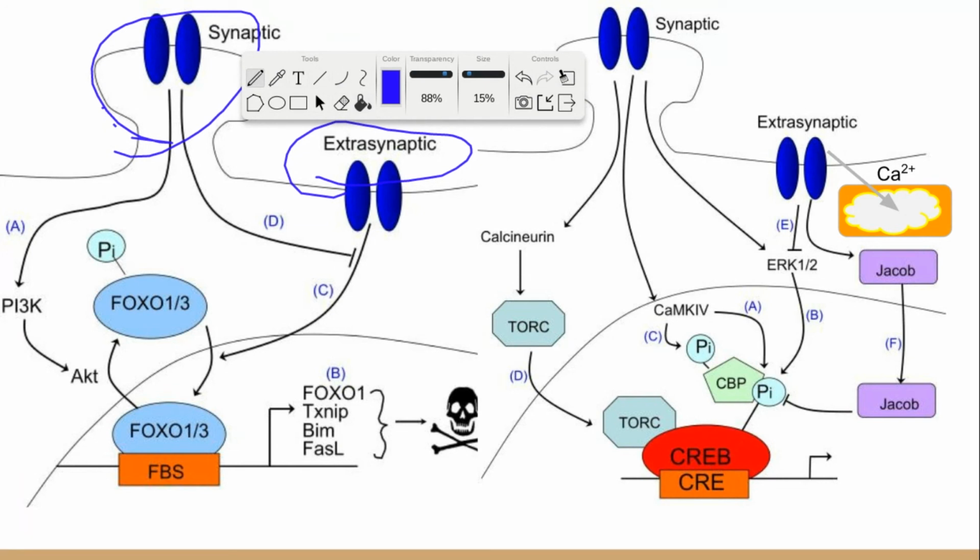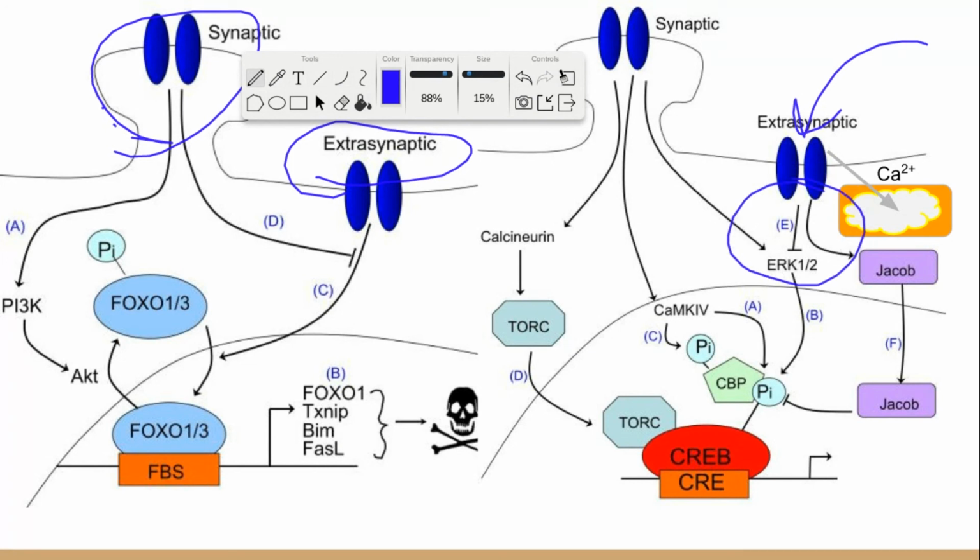Normally, glutamate isn't found extrasynaptically, and so this isn't a problem. But during neurodegeneration, or perhaps astrocyte dysfunction, glutamate gets out of the synaptic cleft, and it can activate these extrasynaptic NMDARs. And extrasynaptic NMDARs contain unique subunits and unique postsynaptic densities.